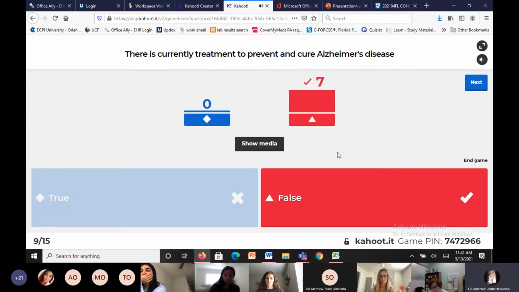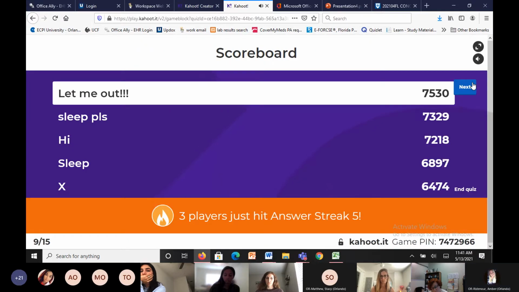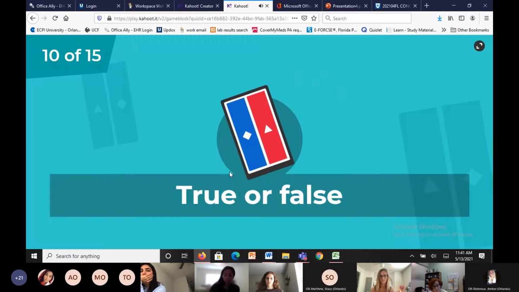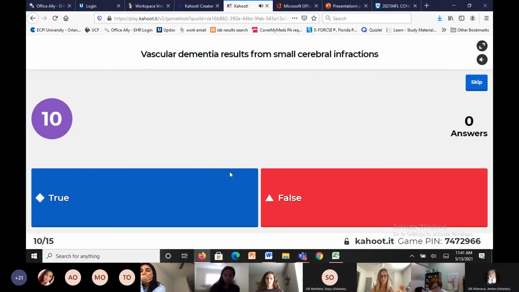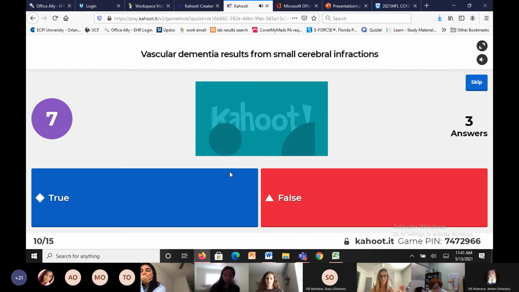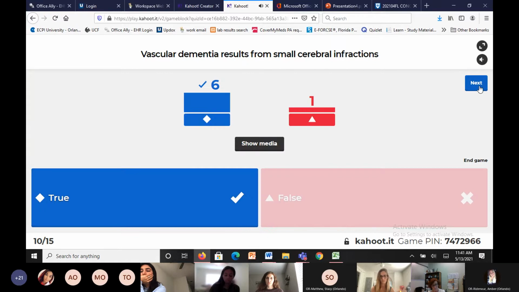Yep, there's no prevention or treatment, just medications to slow the progression. Yep, this is true.